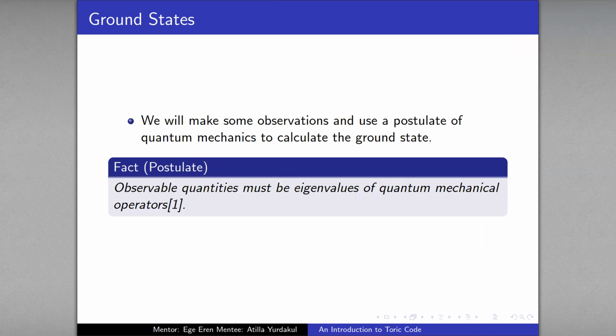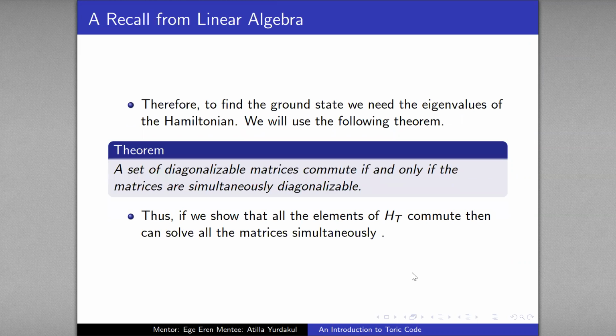To find the ground state, we will make some observations and use a postulate from quantum mechanics. The postulate is this: observable quantities must be the eigenvalues of the quantum mechanical operators. Therefore, to find the ground state, we need to find the eigenvalues of the Hamiltonian operator.